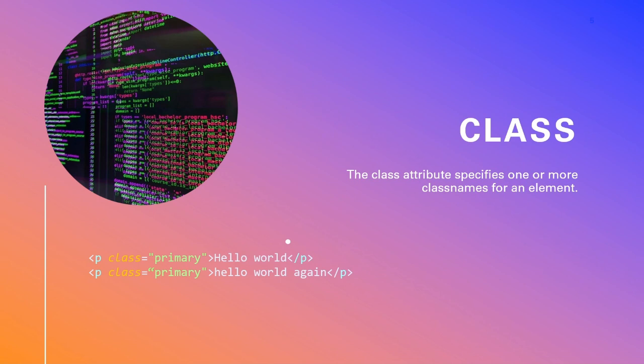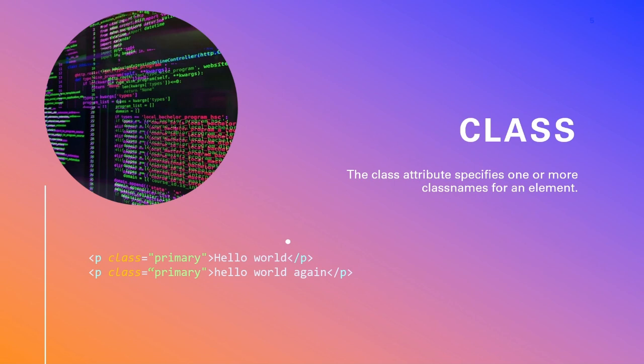Now a class is an attribute that specifies one or more class names for an element. Like in the example that I added there, these paragraphs both have the same class name, primary. One says hello world and the other one says hello world again.